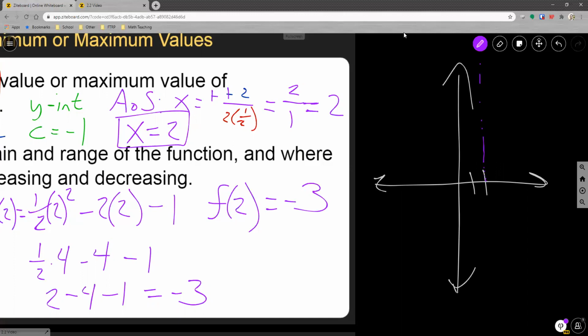There's my axis of symmetry, cutting right through 2. And if I plug a 2 into my function, my output gives me a -3: -1, -2, -3. So my vertex is going to be down here at +2, -3.